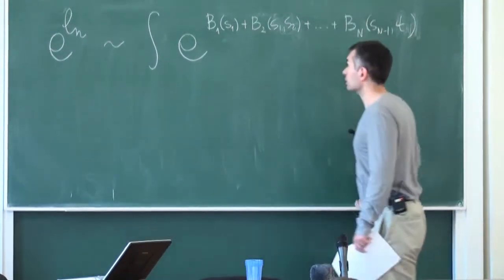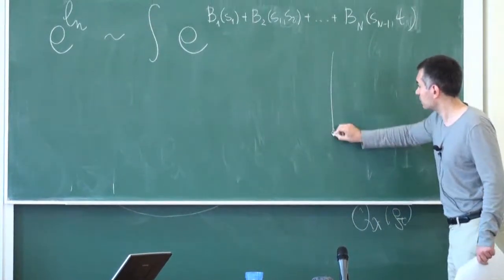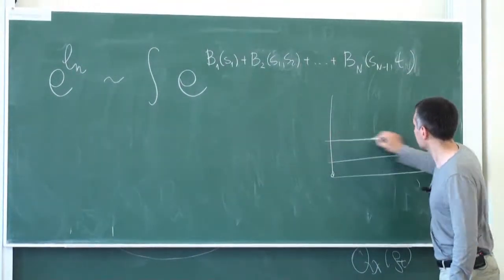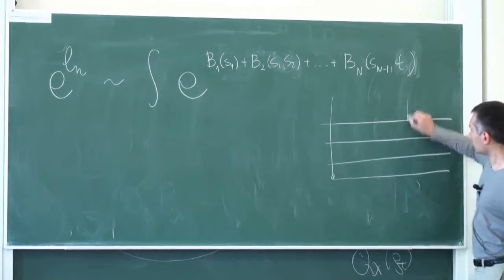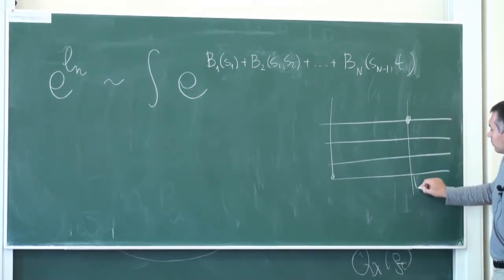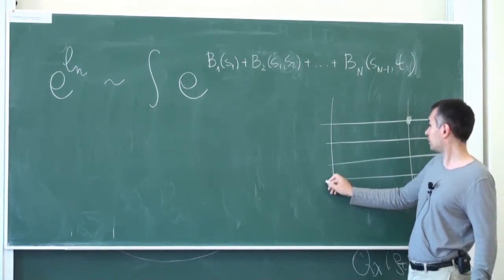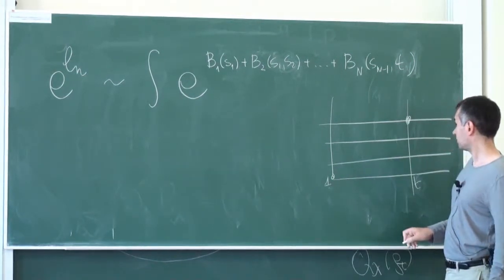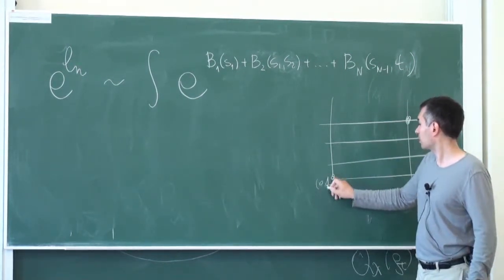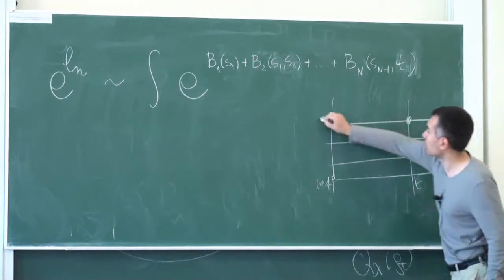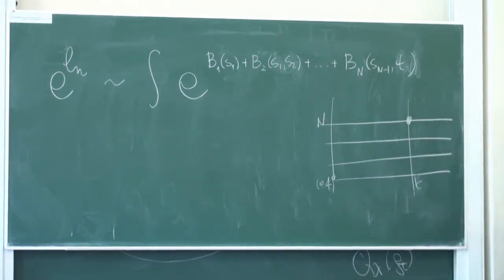So the integral is taken over paths, broken paths that go from the point 0, 1 to the point t, n. So there are a total of n lines.